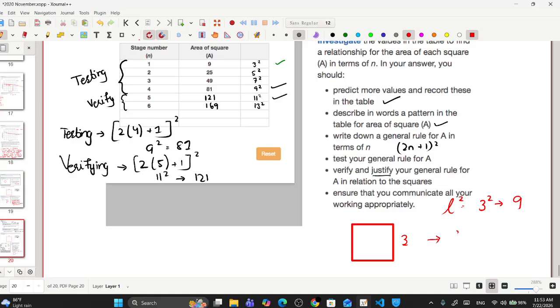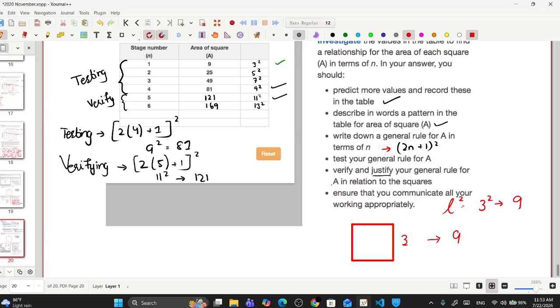It says justify your general rule, which means the general rule that we had found, 2n plus 1 whole square, how do I justify it? I can say that this length represents a specific length. 2n plus 1 should be equivalent to 3.